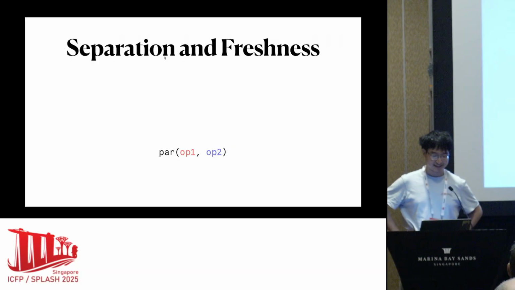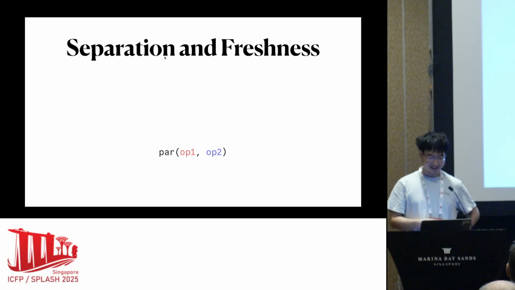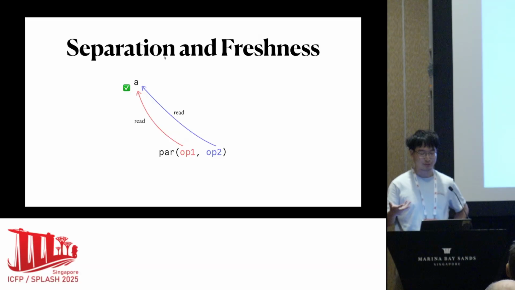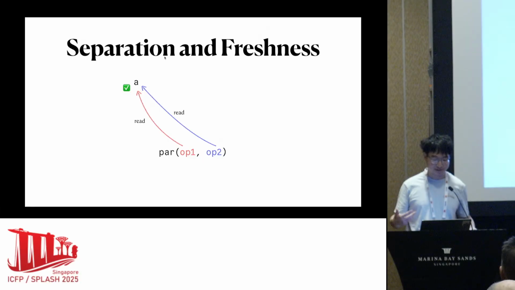And now maybe let's have some general idea of separation and freshness. So it's basically an aliasing controlling problem. For instance, if we want to run OP1 and OP2 in parallel, and we want to ensure data race freedom, what matters is what OP1 and OP2 access, or what references OP1 and OP2 are referencing.